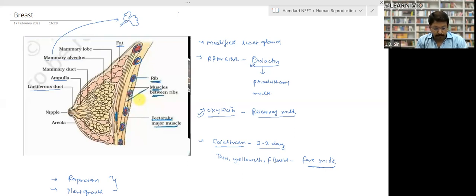Full stop. The gland opens into the nipples by the lactiferous duct.